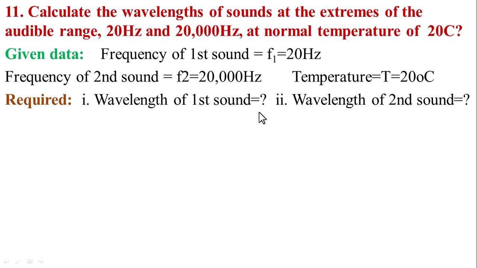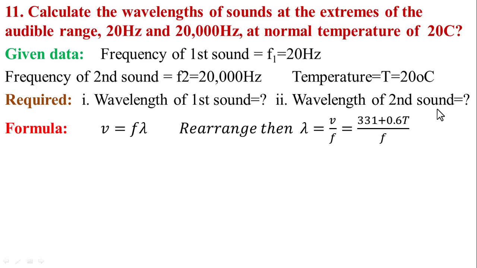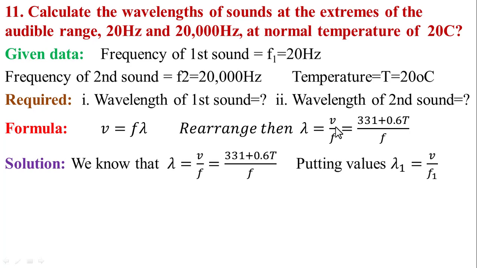We require the wavelength of the first sound and the wavelength of the second sound. Using the formula V is equal to f lambda, rearranging, lambda is equal to V upon f. Here V is the speed of sound at 20 Celsius, so lambda is equal to 331 plus 0.6 T, divided by f.